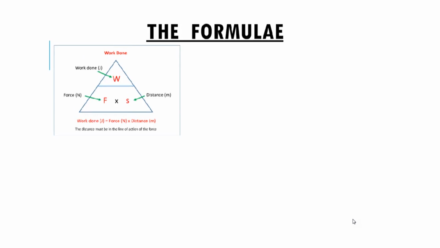Work done is represented by W, and work done is when force moves through a distance. Meaning work done is equal to force times distance. F represents force, and S represents distance. 1 newton meter is equal to 1 joule. That's why we're saying that work done is measured in joules.